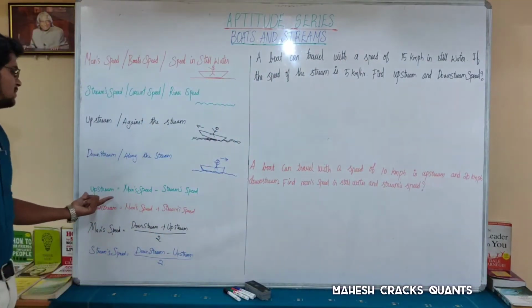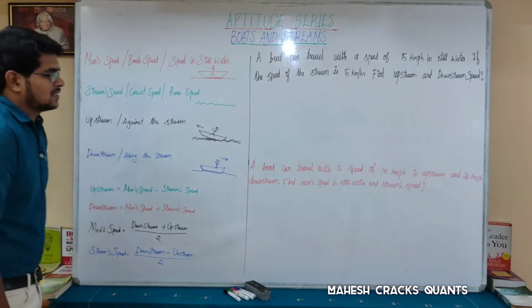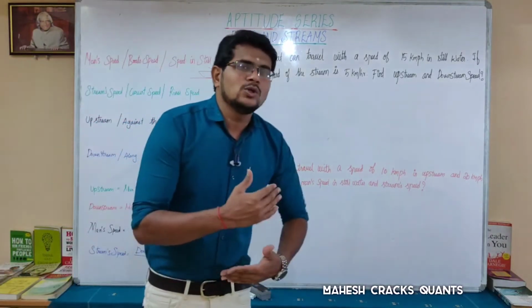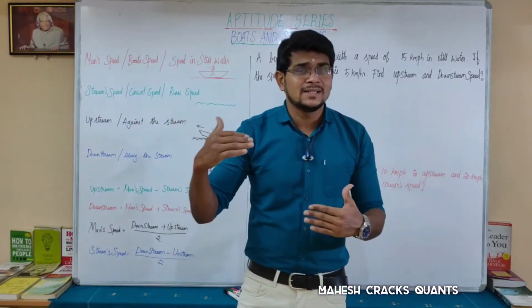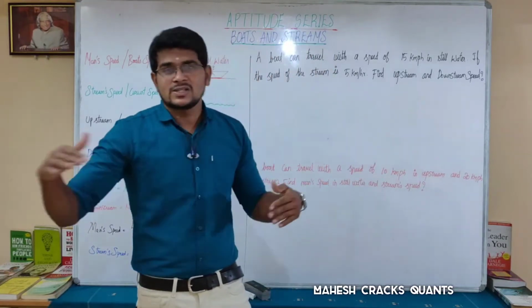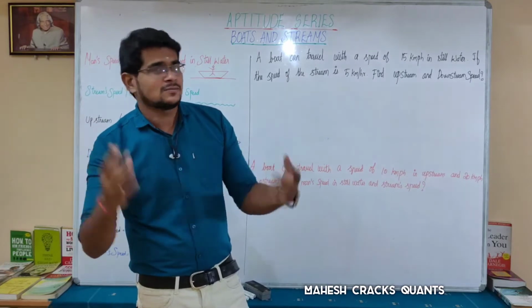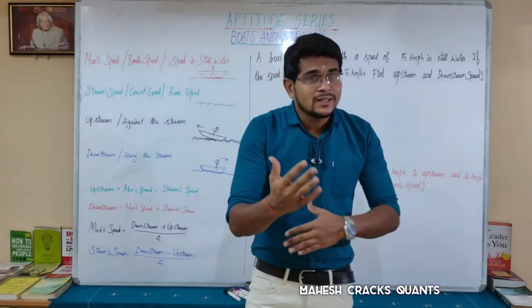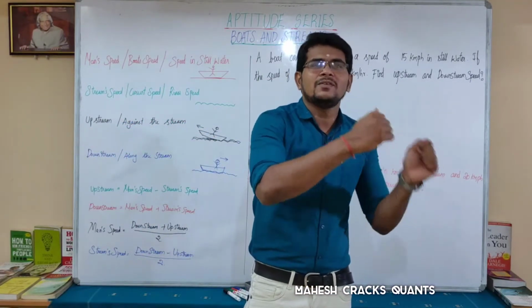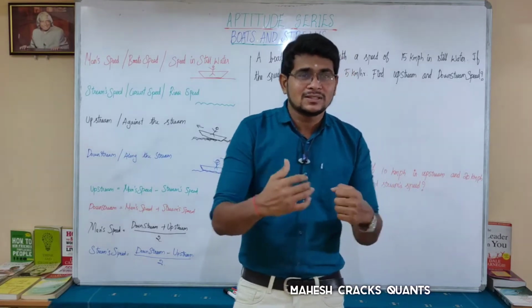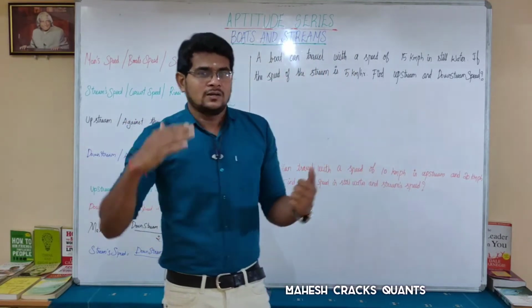We'll see. Upstream is nothing but man speed minus stream speed. For example, I told you that my speed is 10 km per hour in still water. If I am going against the stream, my speed will not be 10 km per hour, because the stream will reduce my speed as I am going against the water.